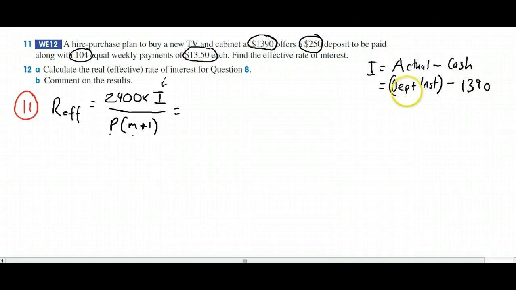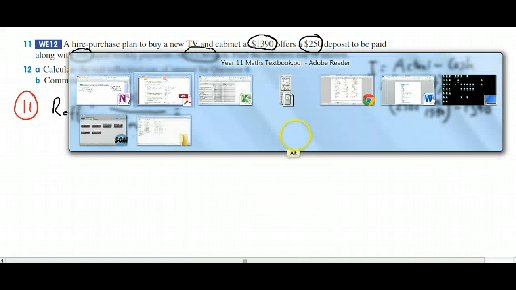The deposit was $250, and the installments were 104 weekly payments of $13.50. So 104 times $13.50 minus $1,390.